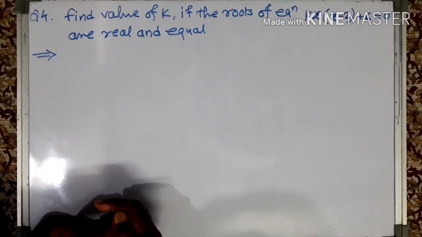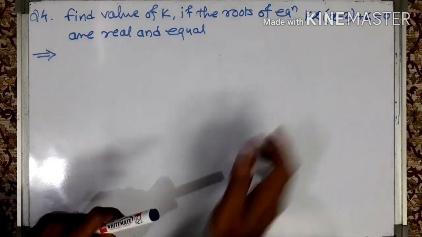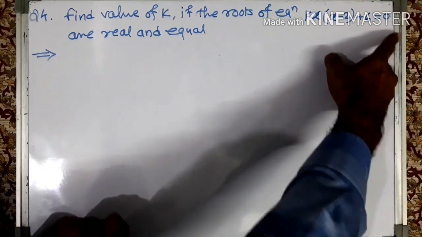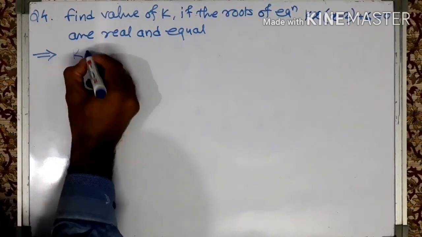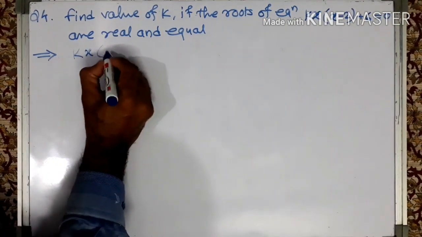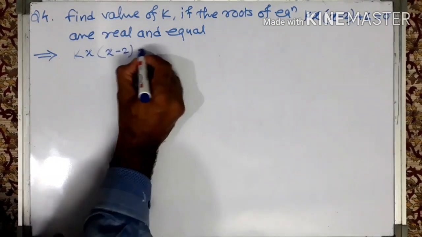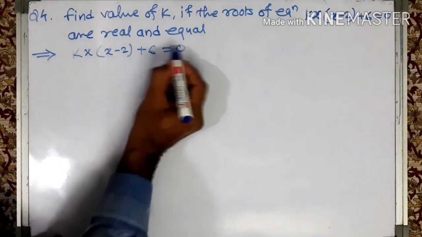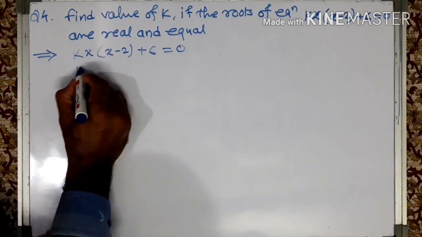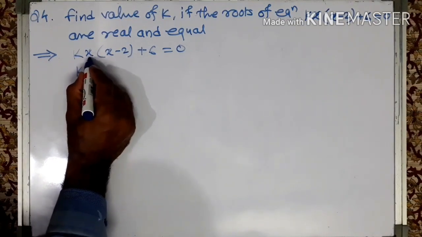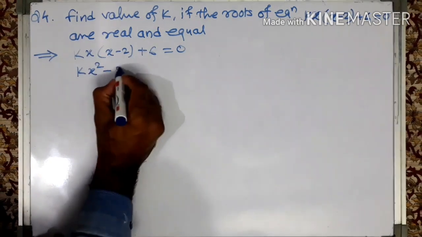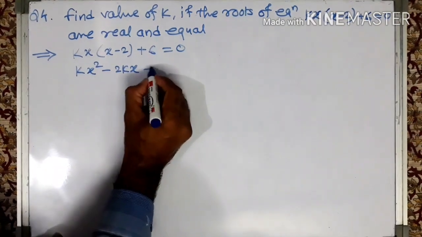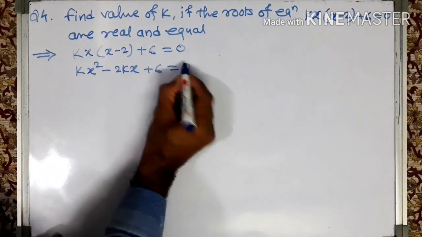Find value of k if roots of equation kx in bracket x minus 2 plus 6 equals 0 are real and equal. Here equation is kx in bracket x minus 2 plus 6 equals 0. We can simplify it by multiplying kx into bracket: kx square minus 2kx plus 6 equals 0.